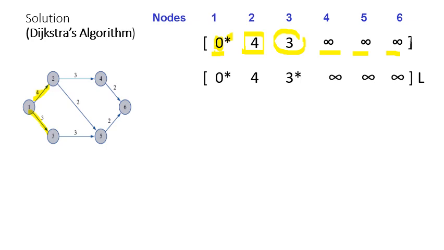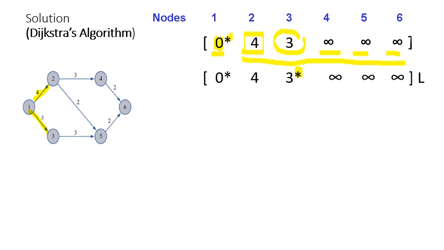From the previous step, we have 4, 3, infinity, infinity, and infinity. They all do not have an asterisk, so we pick the smallest value among all these numbers. So 3 is the smallest, so we make this label permanent.